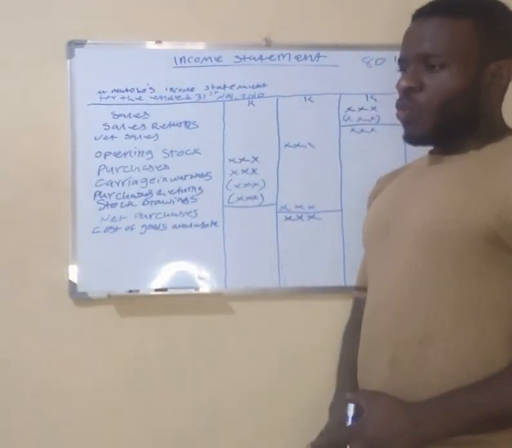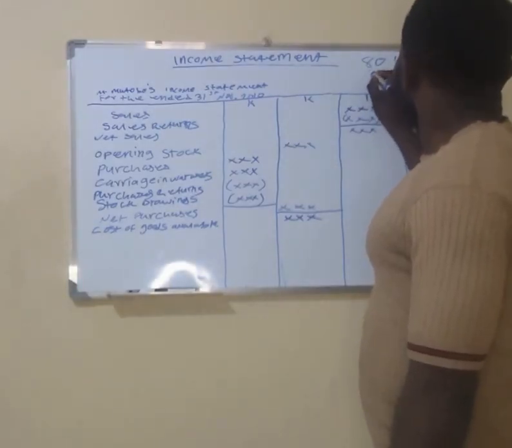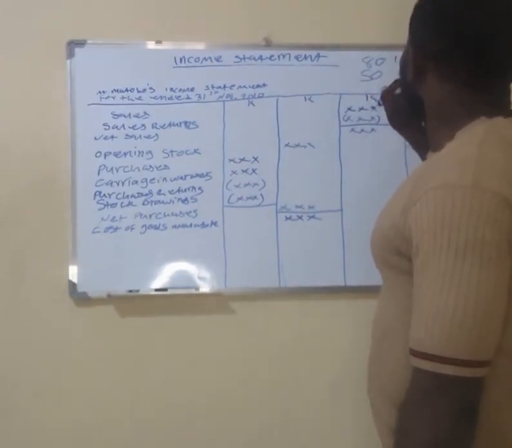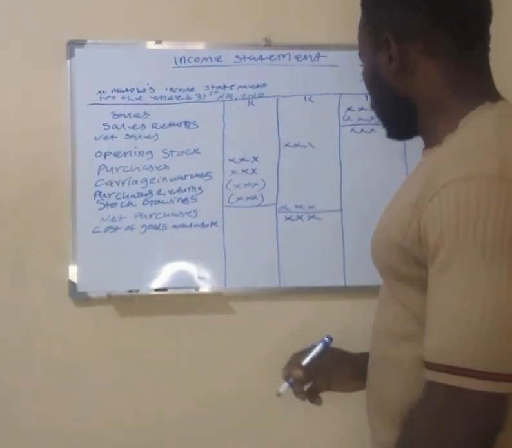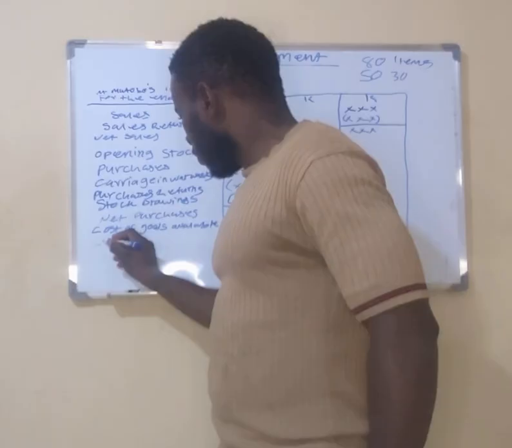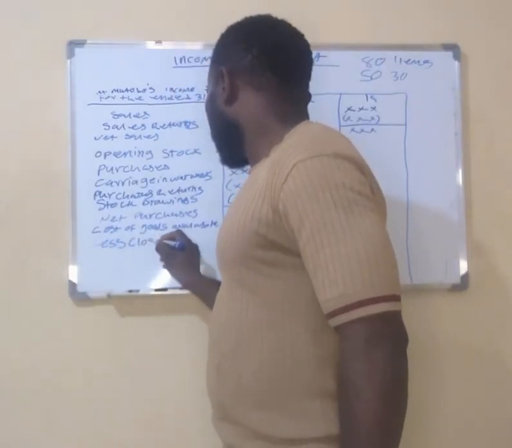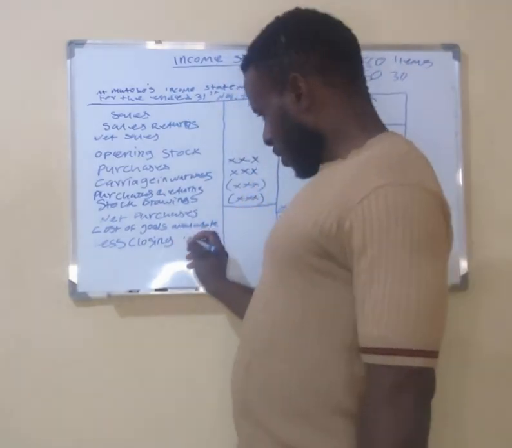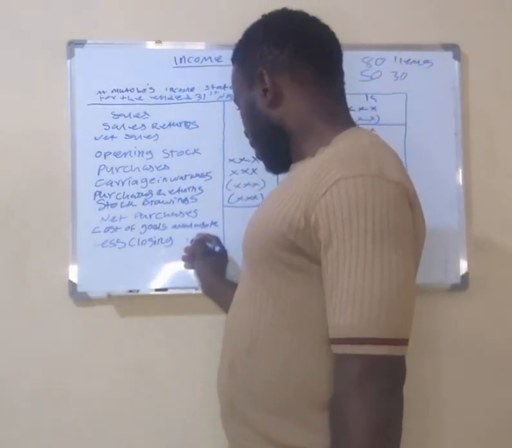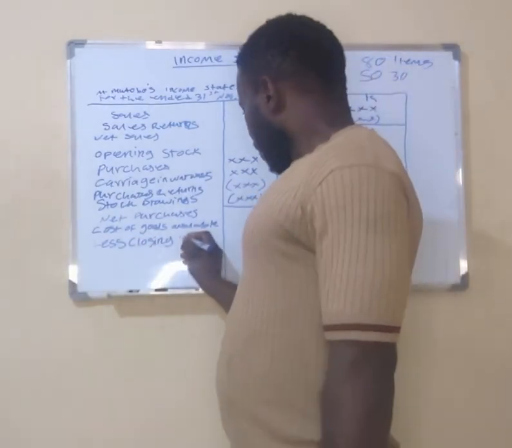And then you manage to sell maybe 50 items. So the 30 that remains is the closing stock, and you have to subtract it from the cost of goods available for sale, because these are the ones that remain now, the closing stock.